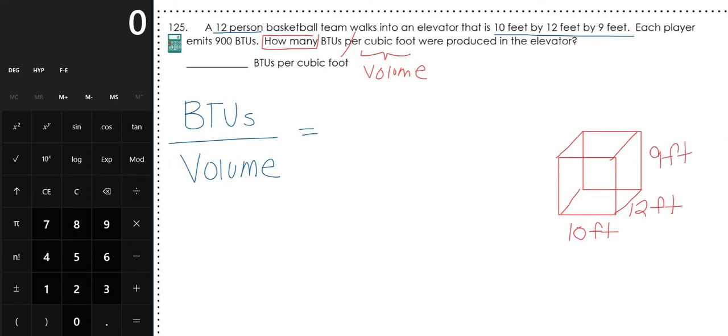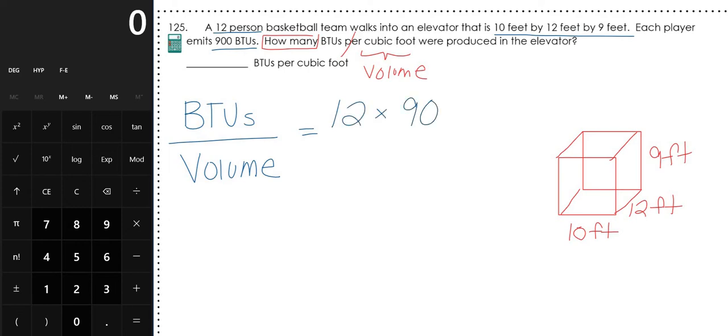Each player emits 900 BTUs. So there's 12 people, but each person lets out 900 BTUs. Okay, so for the number of BTUs that were emitted in this elevator, it's going to be 12 times one person's BTUs.